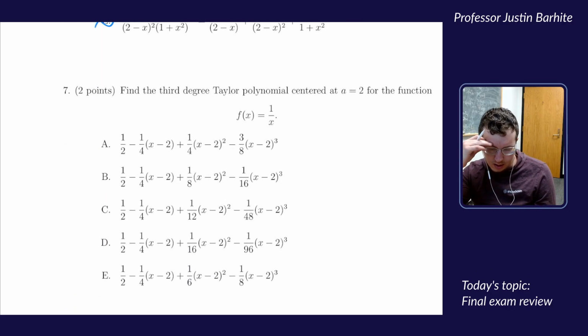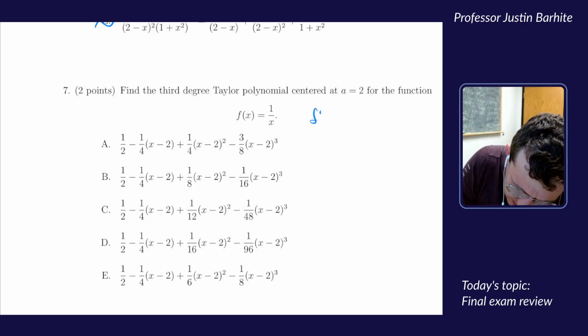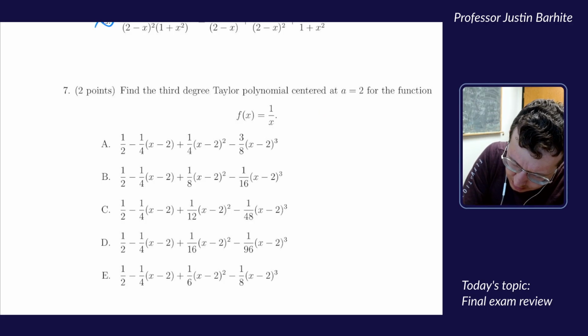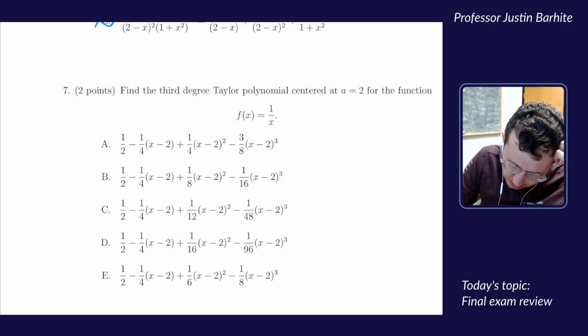Okay. Third degree Taylor polynomial centered at a equals 2 for 1 over x. Alright, so I need the first 3 derivatives of f at 2.